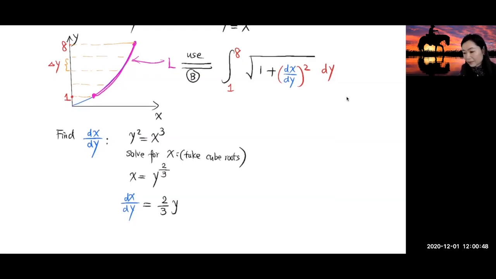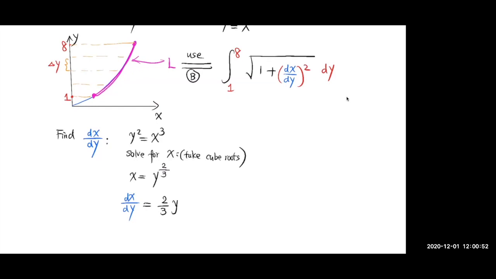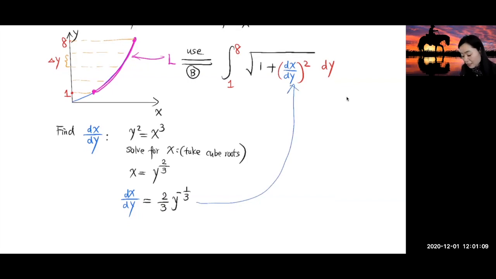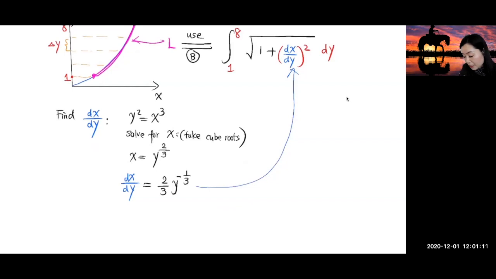Negative 1 third power, my bad. After that, you just substitute this back right here, and then you can use a calculator to find that. The answer should be the same. You should get the same answer.